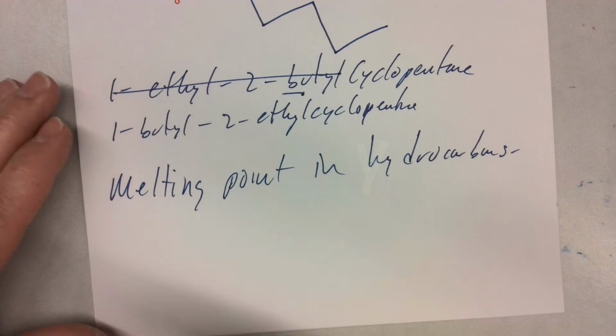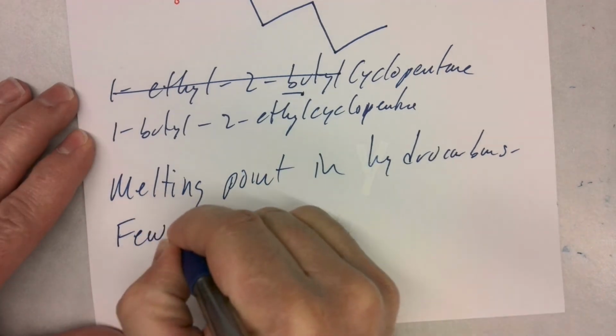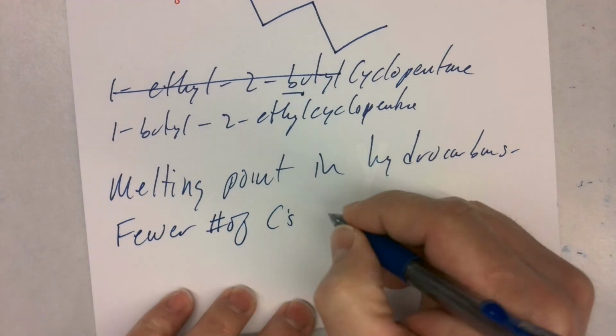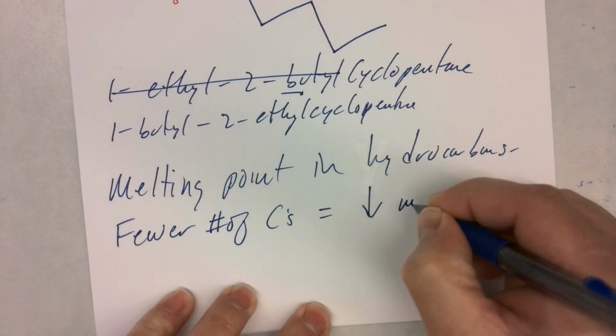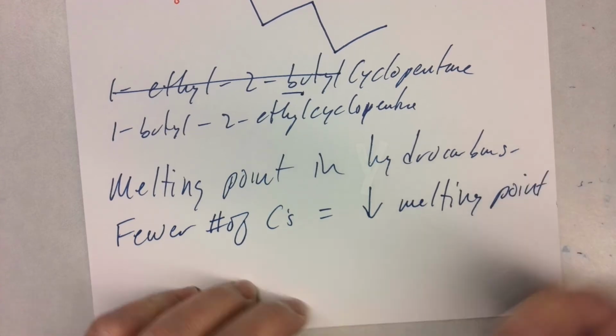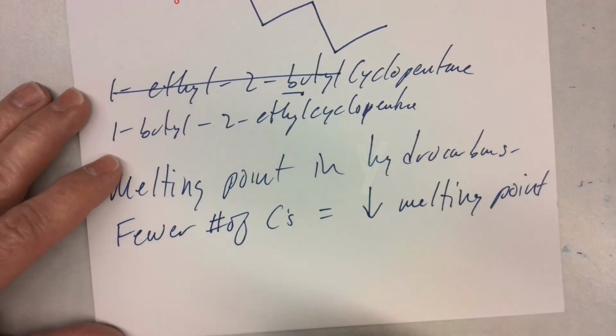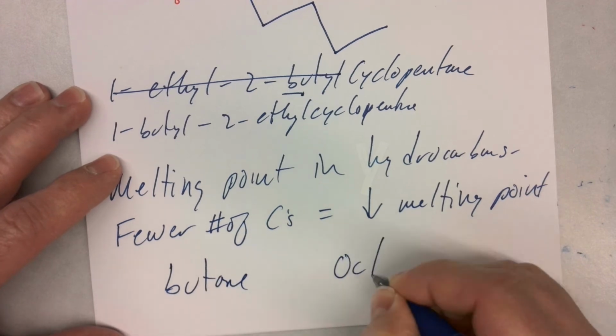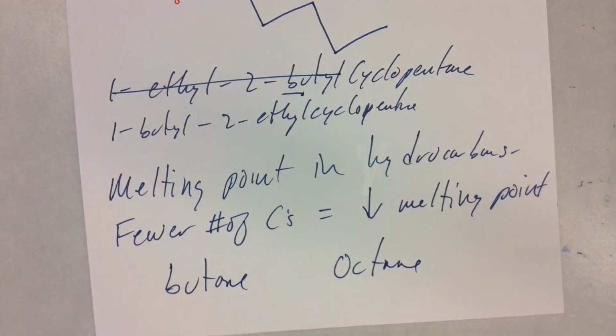The fewer number of C's, the lower the melting point. So if I did butane and octane, and I wanted to say which one has the lower melting point, the answer would be what?